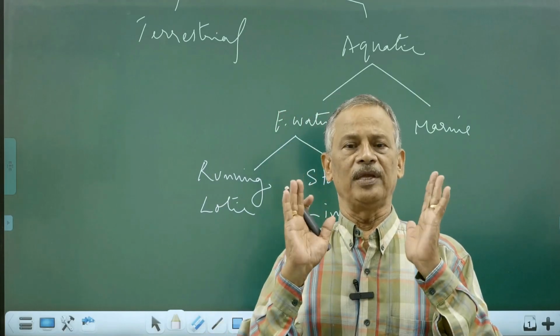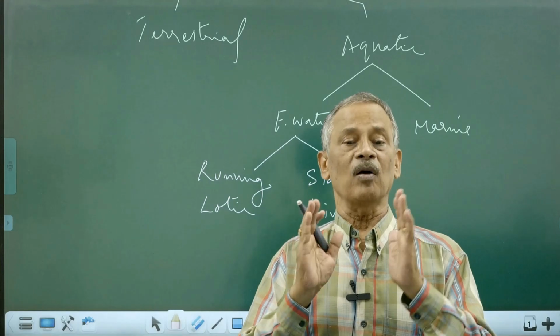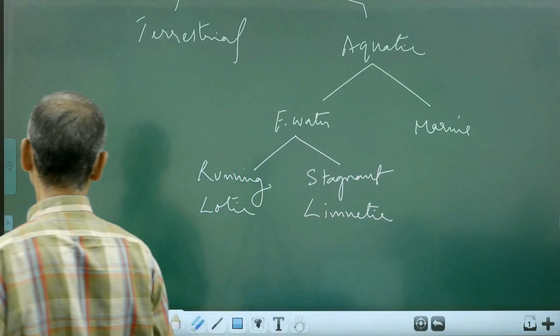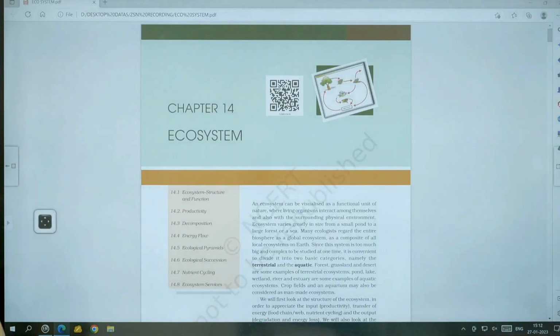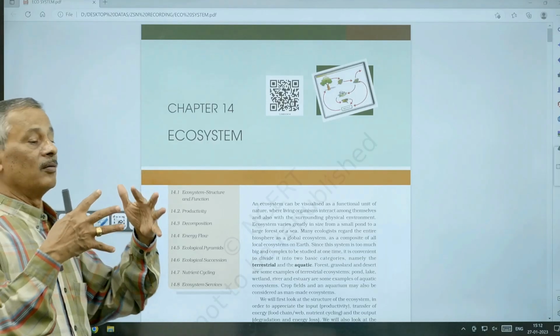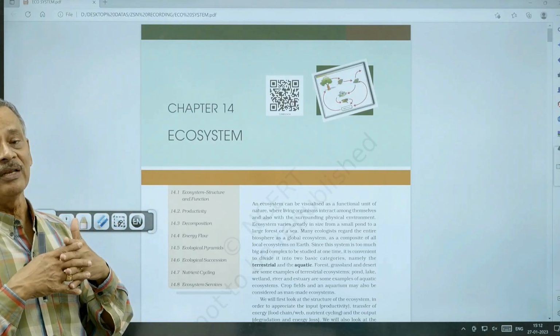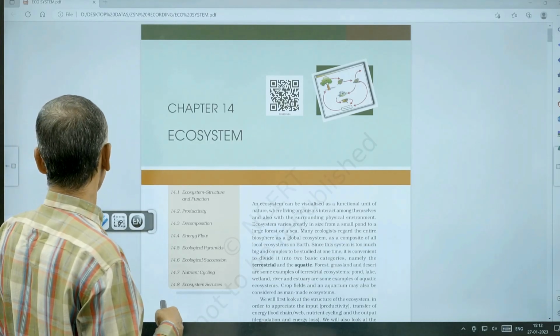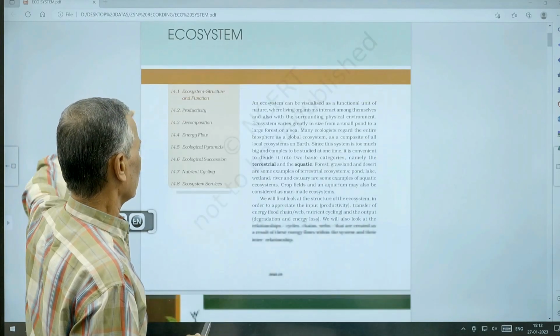Whatever may be the type of ecosystem, that ecosystem should have both abiotic and biotic factors which are all coming in mutual interaction and interdependence. Then only we can call it as an ecosystem. Okay.